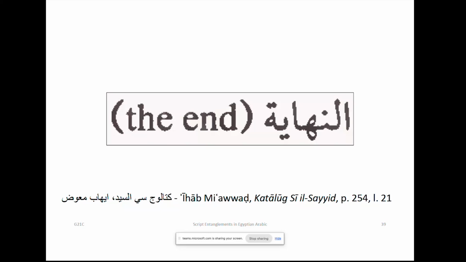So the text is written and read from right to left, but numbers are read from left to right. For example, even dates like 1926, the one will be on the left.